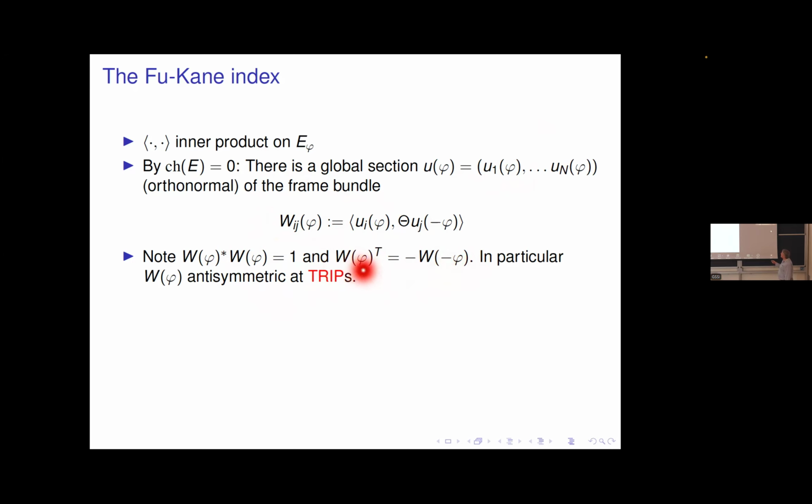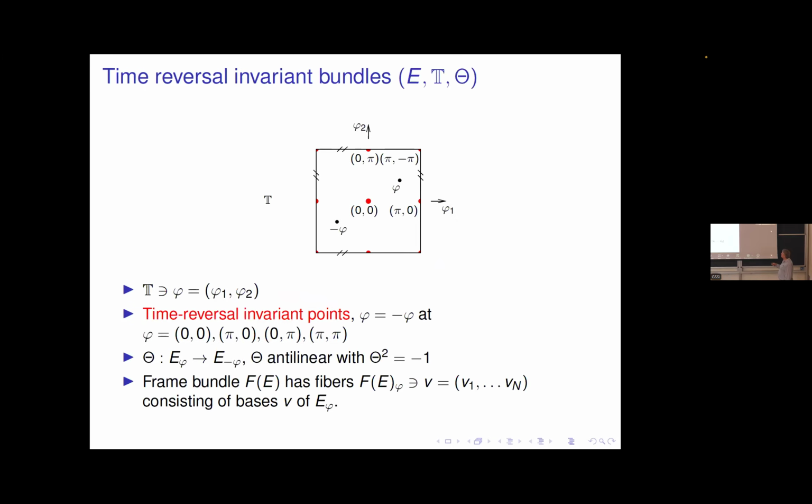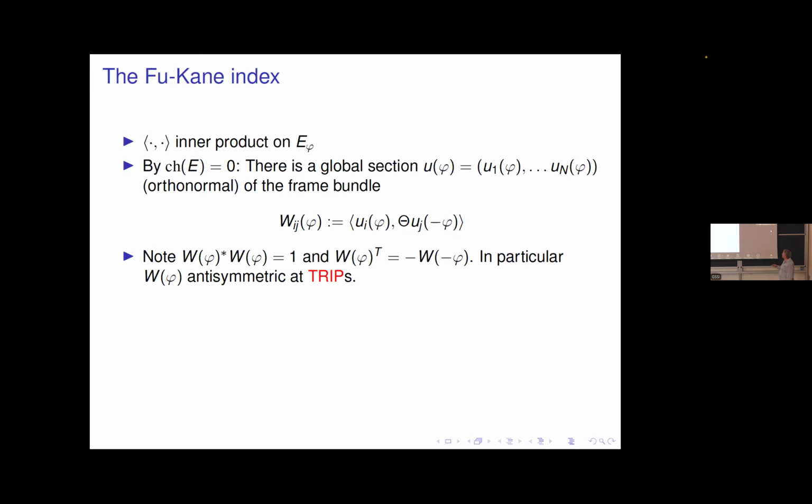So it is in general not anti-symmetric. Transpose is not minus itself, except at these time reversal invariant points. At these points, this matrix is anti-symmetric.